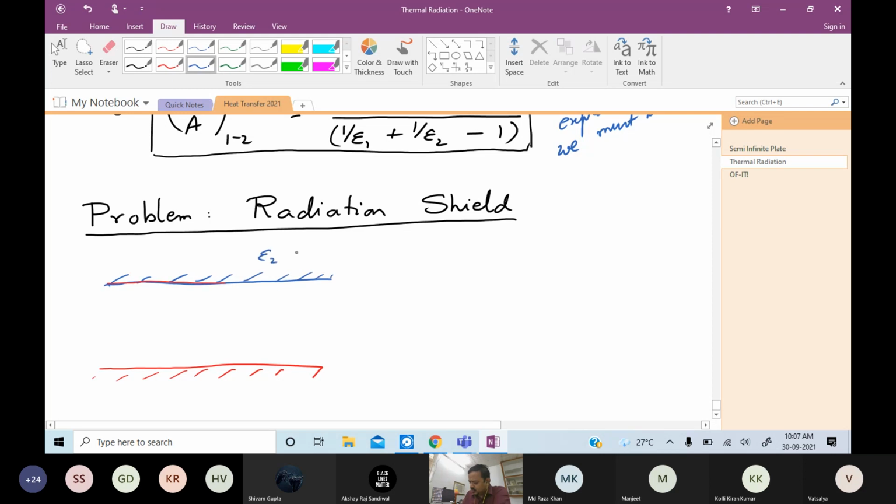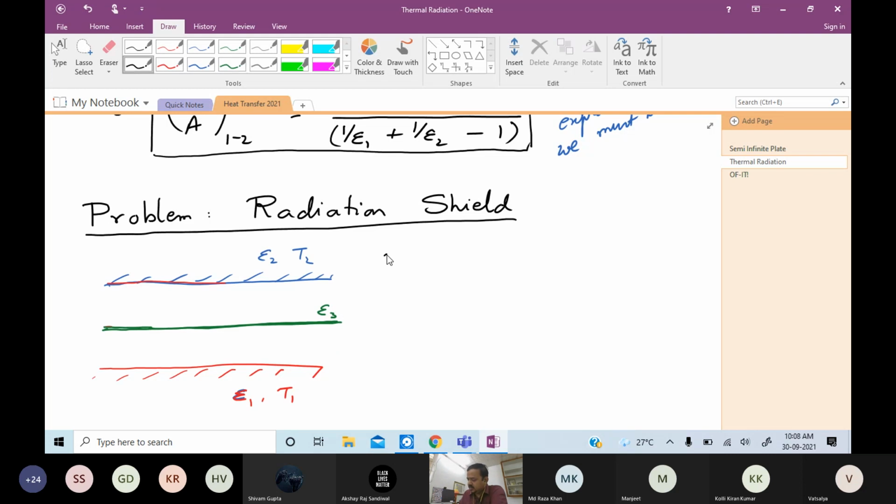This was epsilon 2, T2, and this is epsilon 1, T1. Now for the radiation shield, you consider this system and you insert a thin, opaque, infinite plate in between, which has emissivity of epsilon 3 on both surfaces.